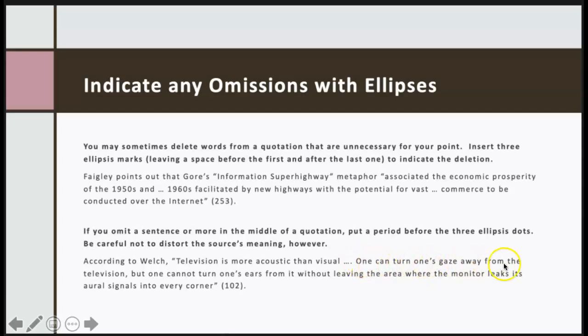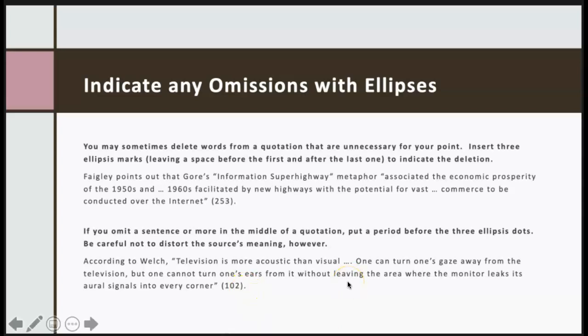"One can turn one's gaze away from the television, but one cannot turn one's ears from it without leaving the area where the monitor leaks its aural signals into every corner." Close the quote. Parenthetical citation, page 102, because we've already had Welch tagged in the sentence. Close the parentheses, a period.